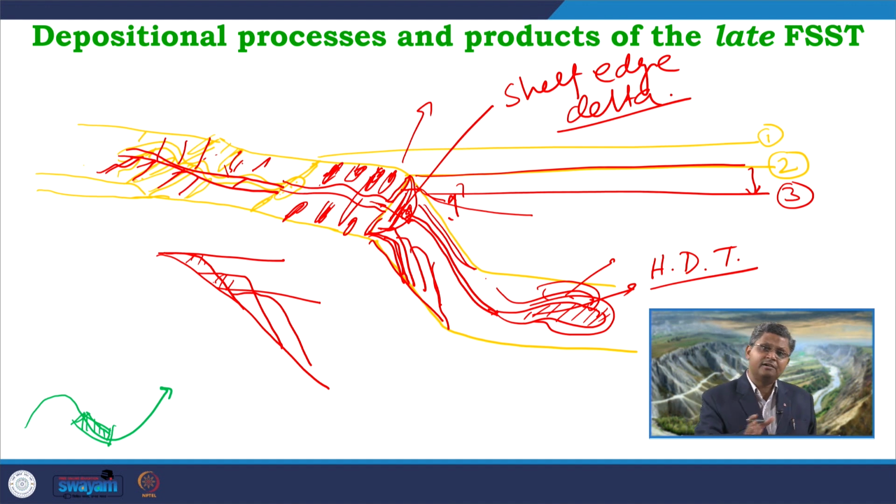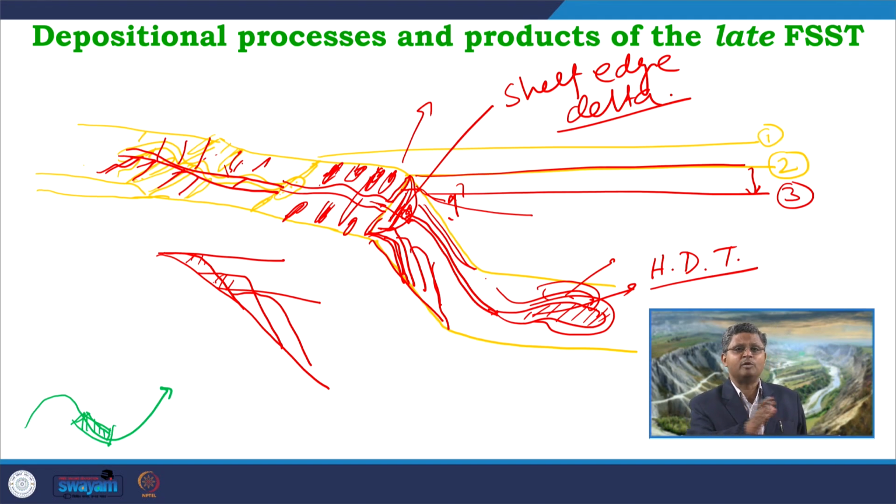Whereas, the entire shelf area and the shallow marine part, including the marginal marine or fluvial part, will go through extensive erosion caused by fluvial incision and bypass. So, this is the overall distribution of the depositional processes and the products that commonly go on during the late FSST phase in ideal condition.